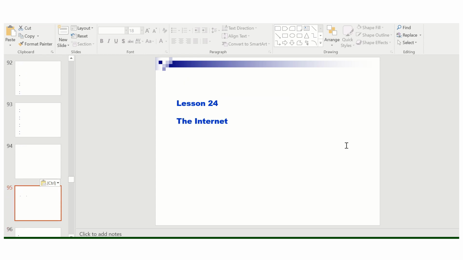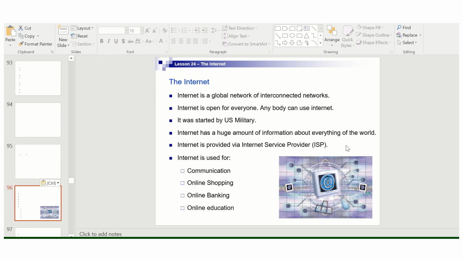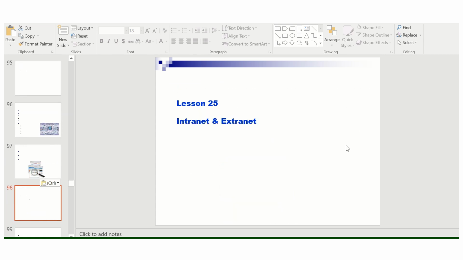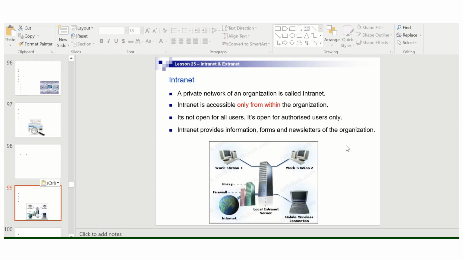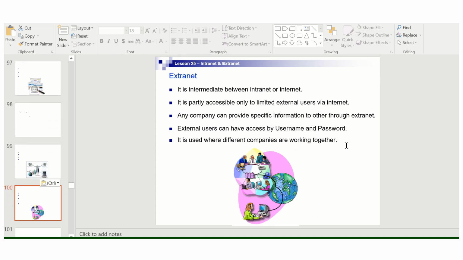And then the internet, what we use it for, then what is the difference between the internet, the intranet, and the extranet, right? So that's where we will end it for this session.